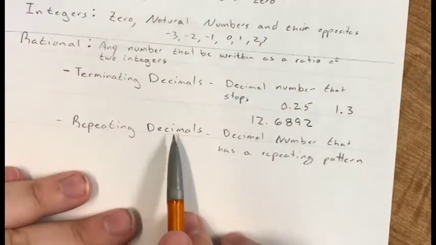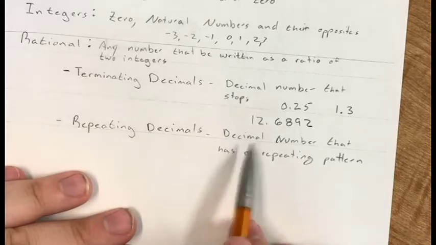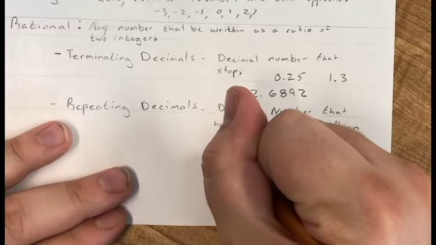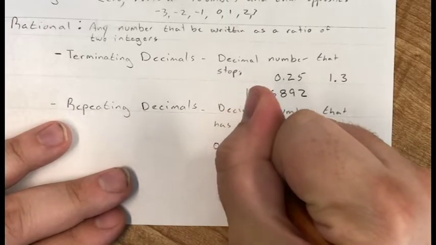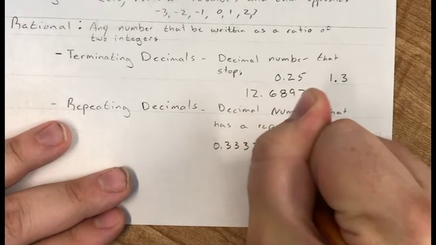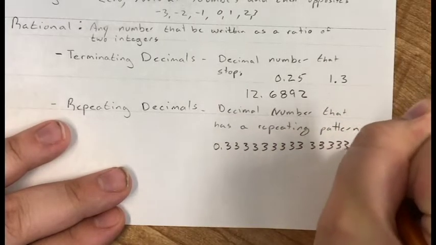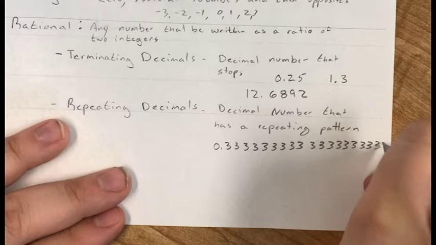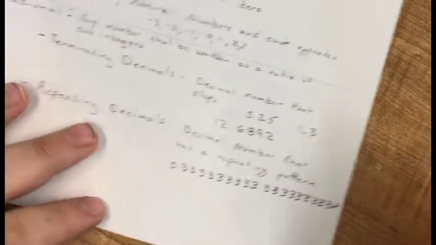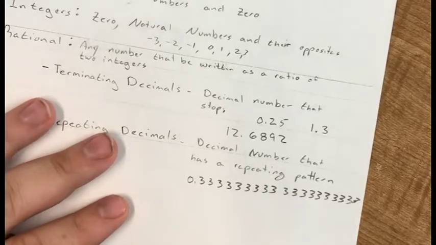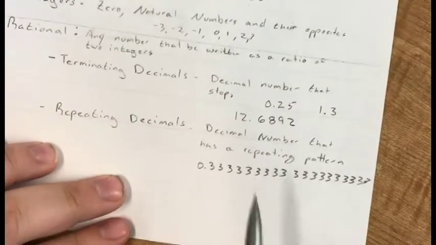Now, repeating decimals are decimal numbers that have a repeating pattern, such as, this is the most common one, 0.3333333333. And the number keeps repeating over and over and over again.